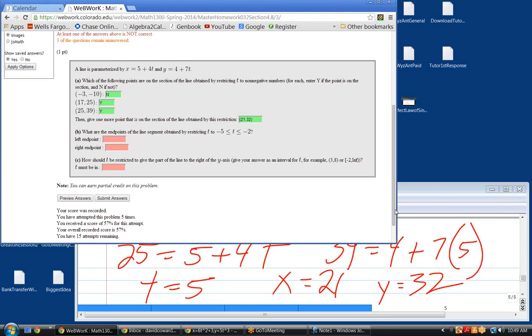So when we plug in -5, what do we get for the left endpoint? We get -15. And what do we get for y? It's -35 plus 4, -31. -31, parentheses. Shall we check that answer first? Yeah.